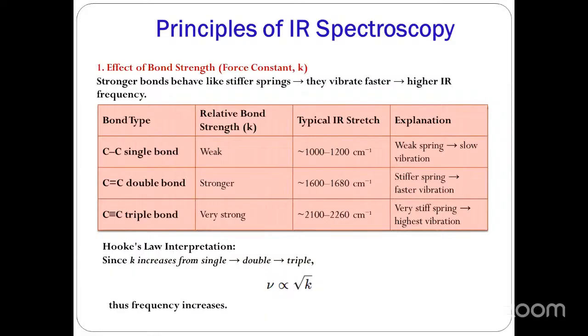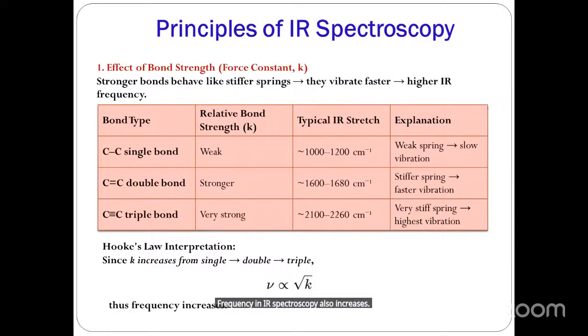And I told you that frequency is directly proportional to energy, that is, frequency is directly proportional to force constant. So as force constant increases, the stretching frequency in IR spectroscopy also increases.